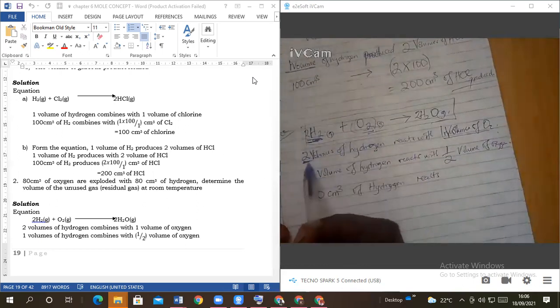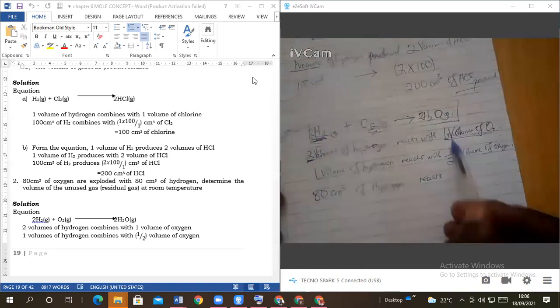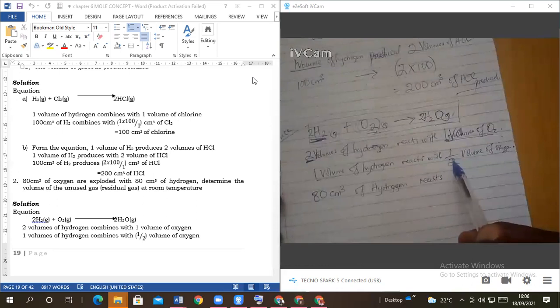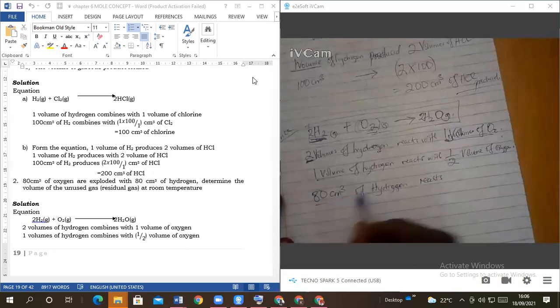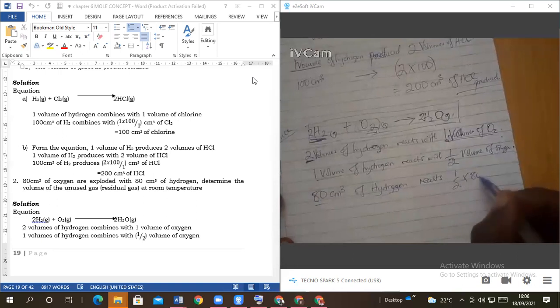This is 2. This is 1. So if you want to get 1 volume of hydrogen, what do you do this side? You divide by 2, isn't it? Okay. So 80 cubic centimeters of hydrogen reacts with a half times 80 of oxygen.